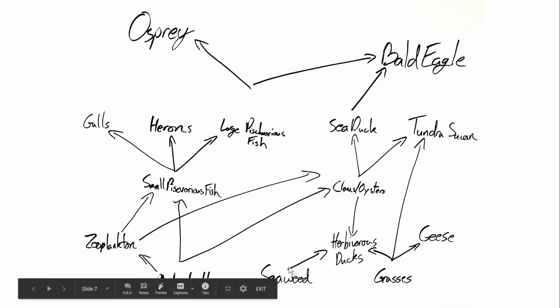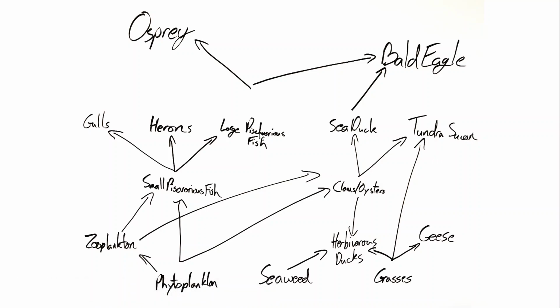Seaweed is another of our autotrophs. It does photosynthesis. It's eaten by herbivorous ducks. So that means ducks that eat grasses, plants. They're herbivores. All right, grasses are another autotroph, also eaten by these herbivorous ducks and by geese and by tundra swan.